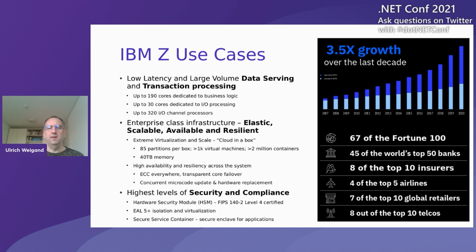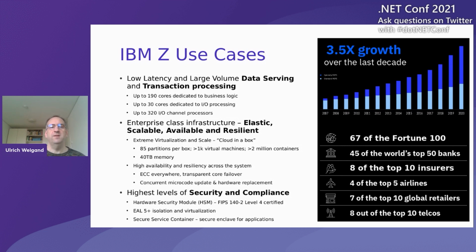Now, let me just spend a few words on why IBM Z is being used for these purposes. Let me point out just three attributes of the IBM Z system and the IBM Z hardware that are the reason why this is used in that space in particular.